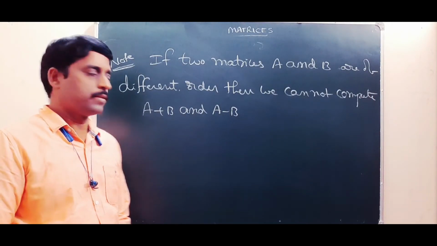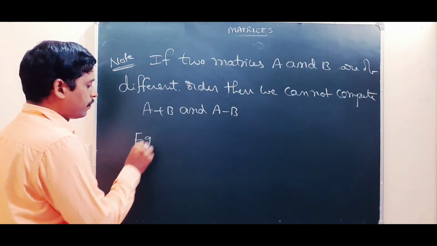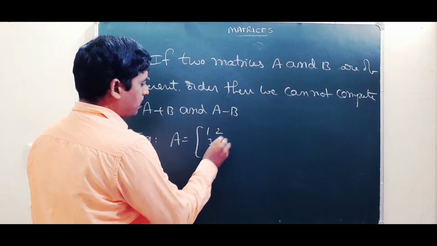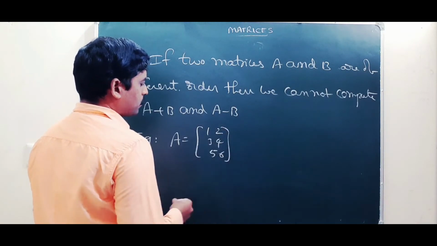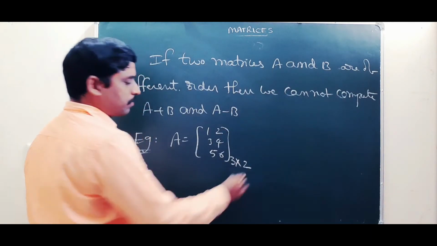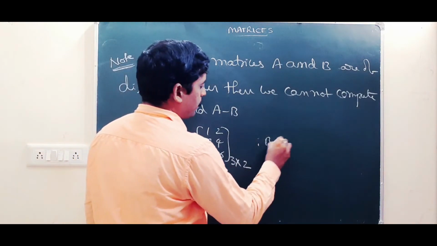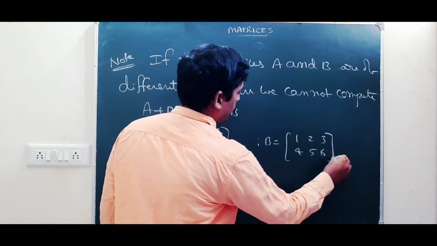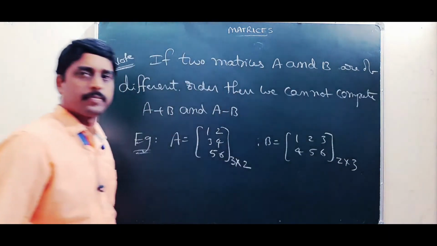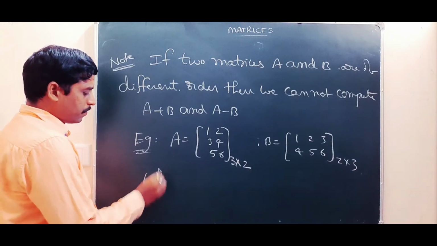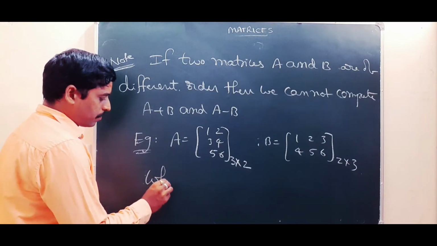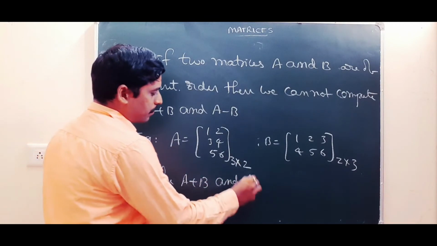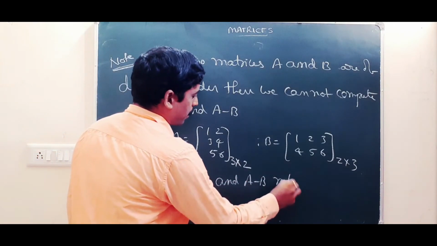Now one example. A has 1, 2, 3, 4, 5, 6, so the order of A is 3 rows and 2 columns. B has 1, 2, 3, 4, 5, 6, so the order of B is 2 rows and 3 columns. Here A plus B and A minus B are not defined.